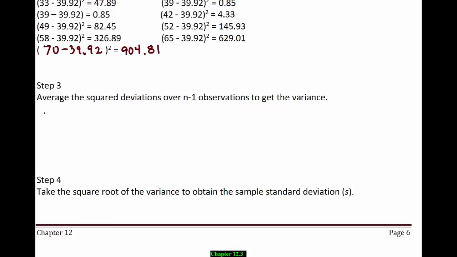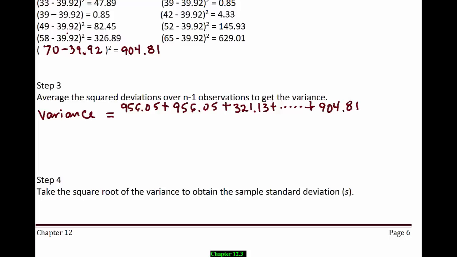So to get our variance, we need to take all of our squared deviations, so 956.05 plus 956.05 plus 321.13, etc., until we've added all of our squared deviations up, ending with our last one of 904.81, divided by n minus 1.